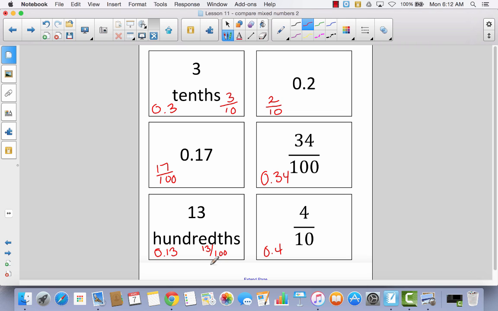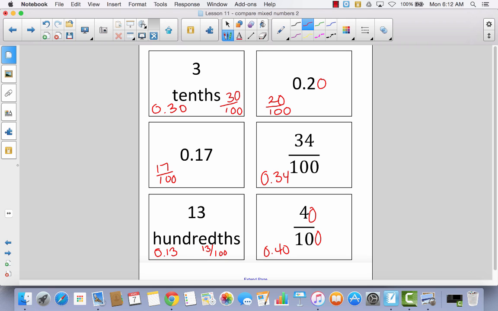So you can see that we have tenths and we have hundredths. So the easiest way to compare these would be to put all of these in hundredths. So for 3/10, that would be 30 hundredths. For 2/10, that would be 20 hundredths. And then these are all in hundredths, and I just come down here and make this 40 hundredths.